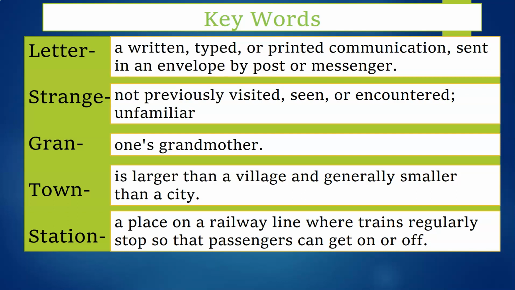Not previously visited, seen, or encountered, or unfamiliar, like strange places. Gran. Gran is short for grandmother. Town is larger than a village and generally smaller than a city. And finally, station, a place on a railway line where trains regularly stop so that passengers can get on or off.